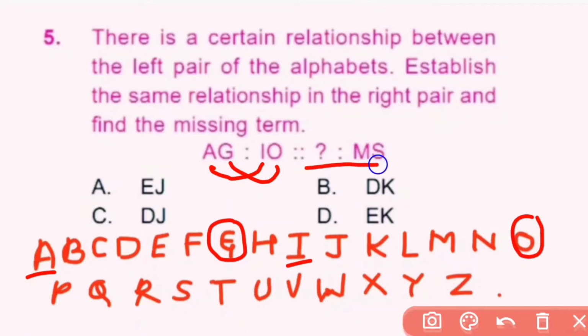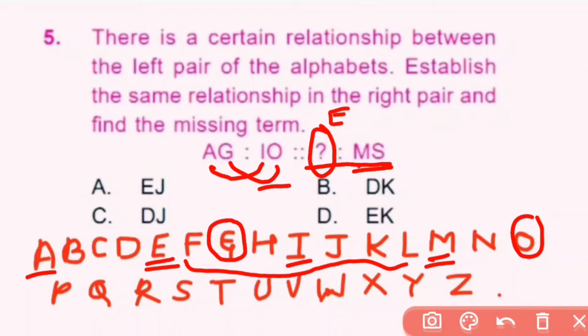So here right side we have to find this question mark. Here given next pair and we have to find the first pair. So here first letter is M. We will come back side, 7 letter gap, then E will come here, and next letter is S, K will come. Here D is correct answer.